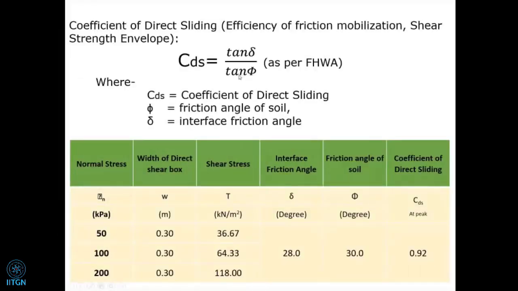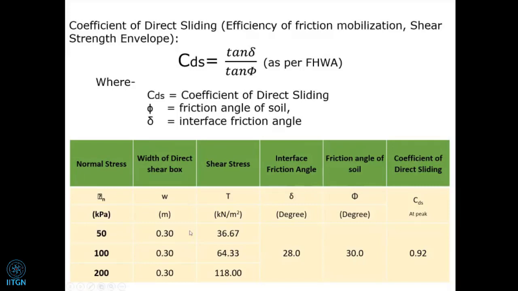the coefficient of direct sliding can be calculated by using tan delta upon tan phi. Tan delta is the interface friction angle, and phi is the friction angle obtained from the direct shear test. By this formula, we can calculate the coefficient of direct sliding. In this table, we have different normal stresses from 50 to 200 kPa.